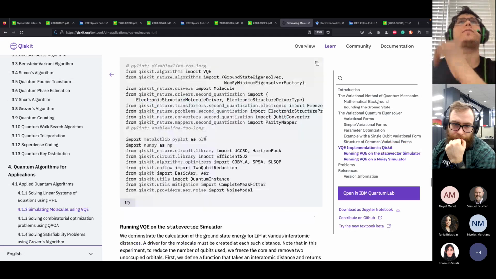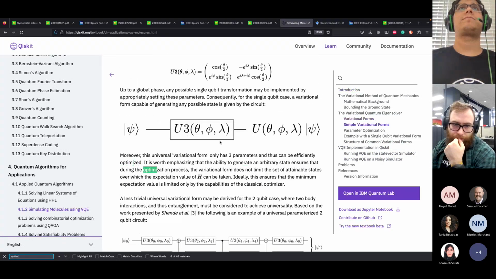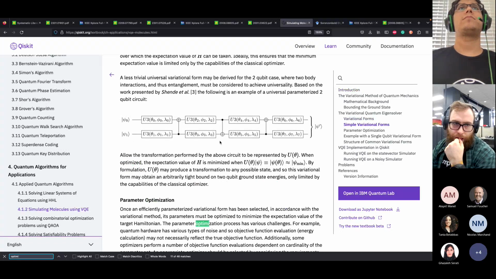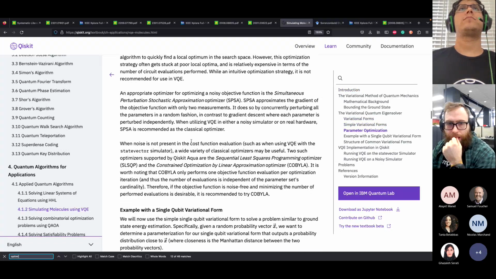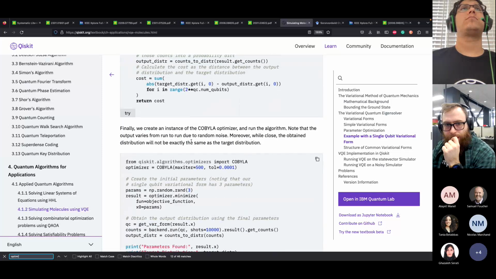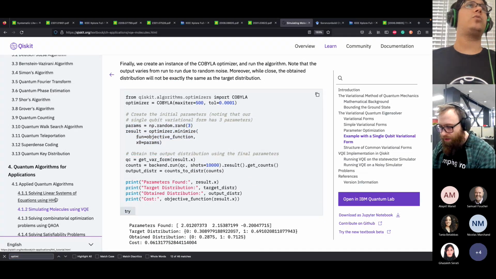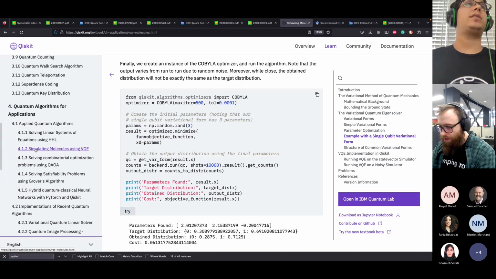It should be here. Let me see, optimize. Yeah, okay, so they do the optimization here. So you can look at this part of the code in this simulating molecules using VQE.